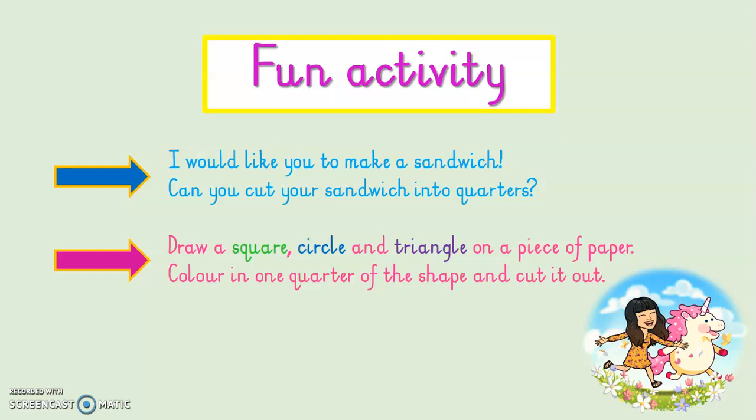I want to see if you can or cannot divide that into a quarter. I would like to see if you know the answer. Send me a message, a voice note, and tell me which one is the wrong shape. So, we're going to make a sandwich, cut it into quarters. Then, draw 3 shapes and also color in 1/4 of each shape and cut it out.